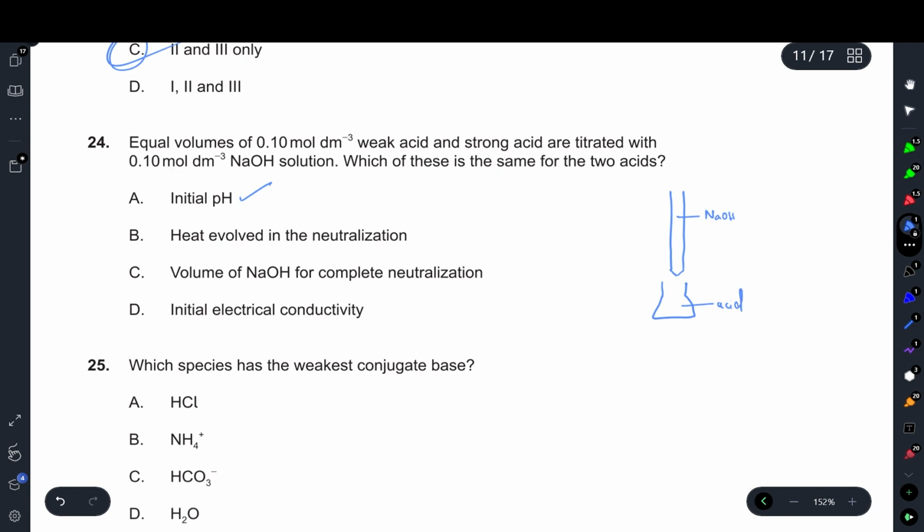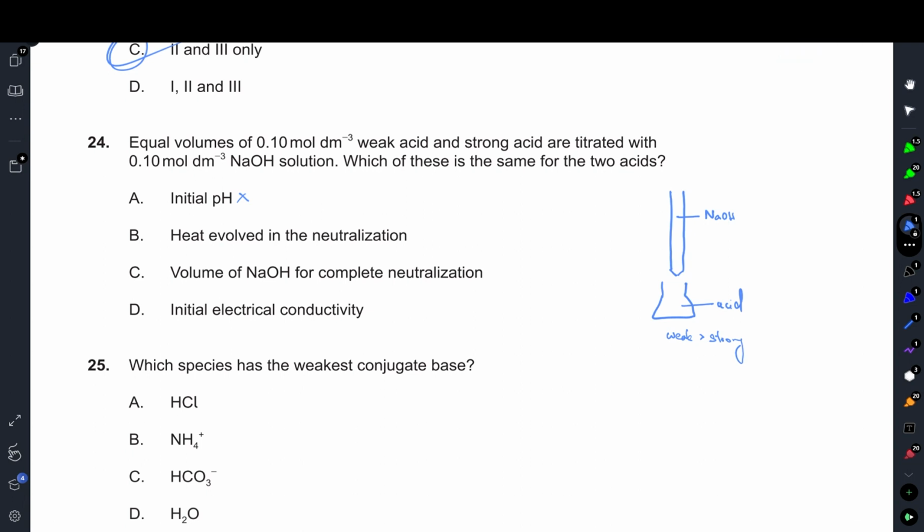So the initial pH of this is going to be different because a weak acid is going to have a higher pH than a strong acid. So this is incorrect. This would be different for both of them. Heat evolved in the neutralization. This is also incorrect because a strong acid is going to evolve more than a weak acid.